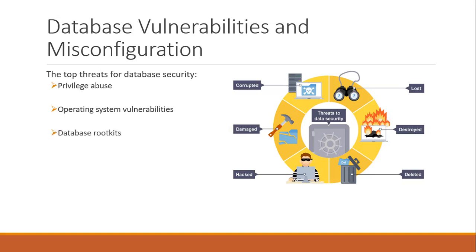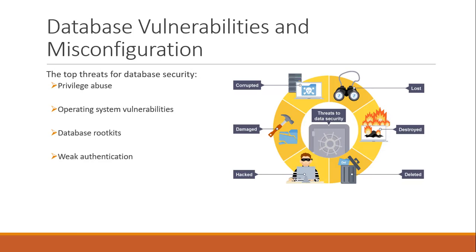The next one is database rootkits. Rootkits can easily turn off your system alerts, like your firewall or software that protects your system 24 hours. Once they are turned off, you don't know whether your system is under attack or not. The next one is weak authentication.